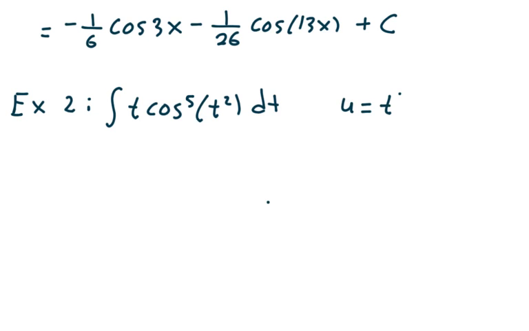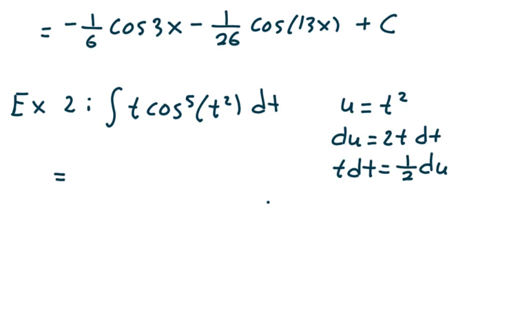So I'm going to let u be t squared. du is 2t dt. And so t dt, if I divide both sides by 2, is 1/2 du. And so right away, this is going to be 1/2 the integral of cosine to the 5th u du.